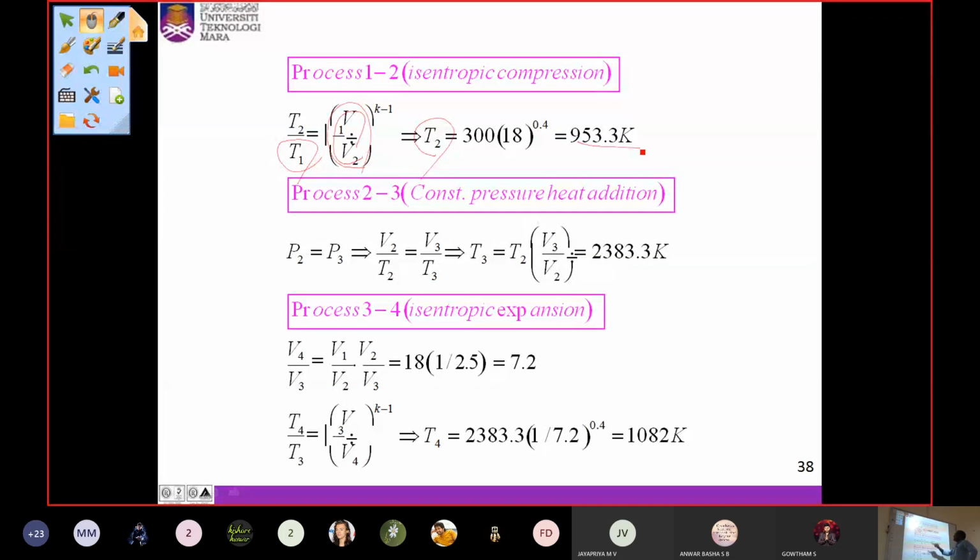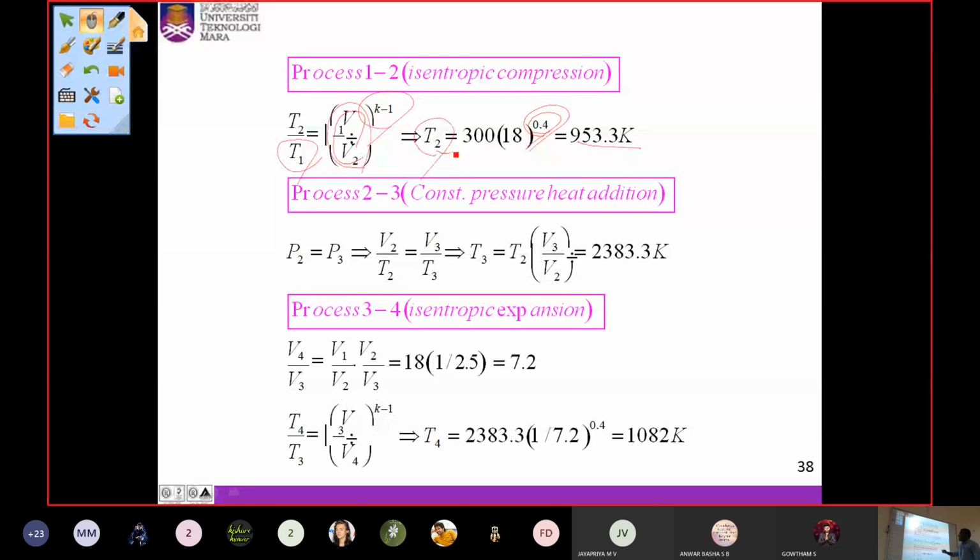You know the k value is 1.4, so k minus 1 gives 0.4. Then finally we get the T2 value as 953.3 Kelvin.